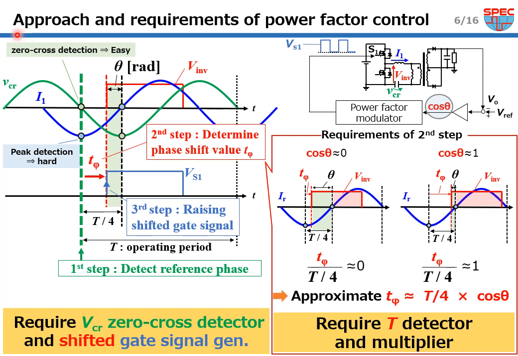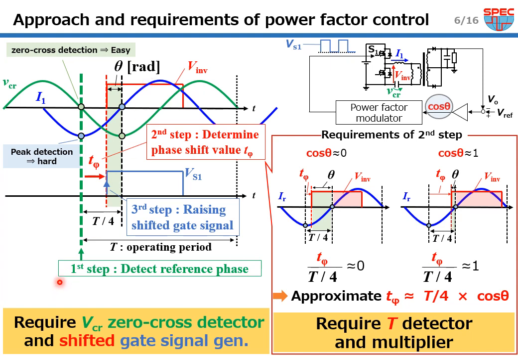First of all, I'll explain the approach and requirements of power factor control. These are the main waveforms: inverter voltage, primary current, the resonant capacitor voltage, and the power factor angle theta shows this part. Then I consider the steps required to shift theta.